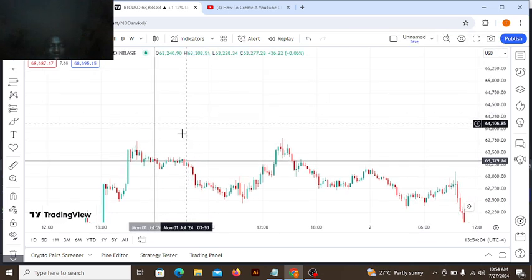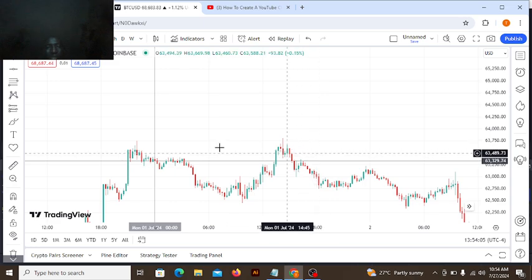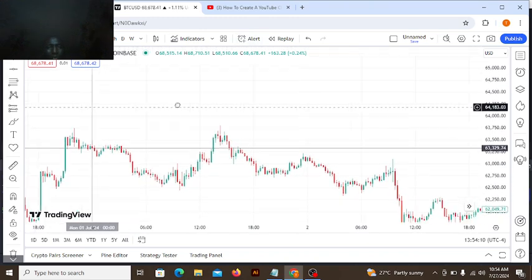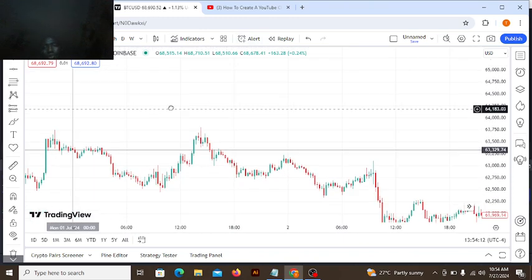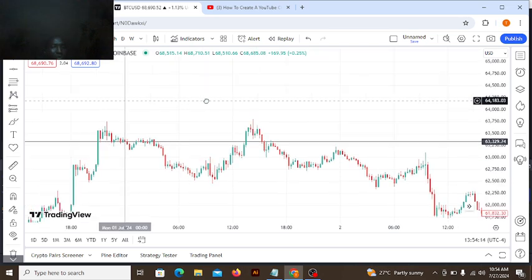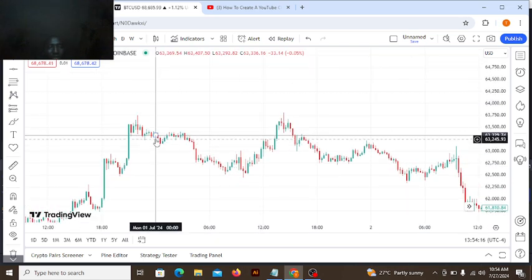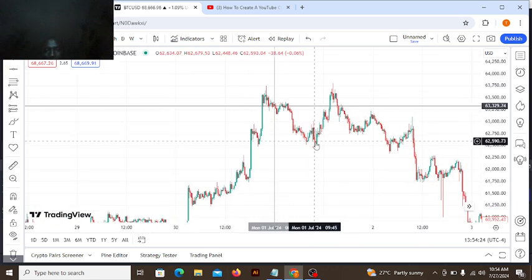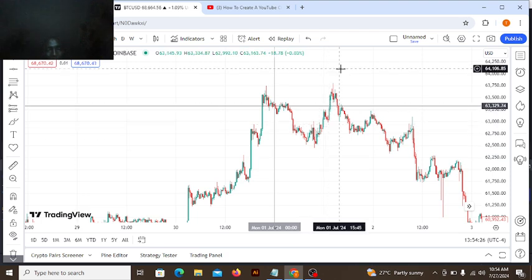Look at it. It goes like this. It goes up like this. So how do we know the market is going to go up or come down? This is our vertical line. What the market does now is it comes down and it goes up.